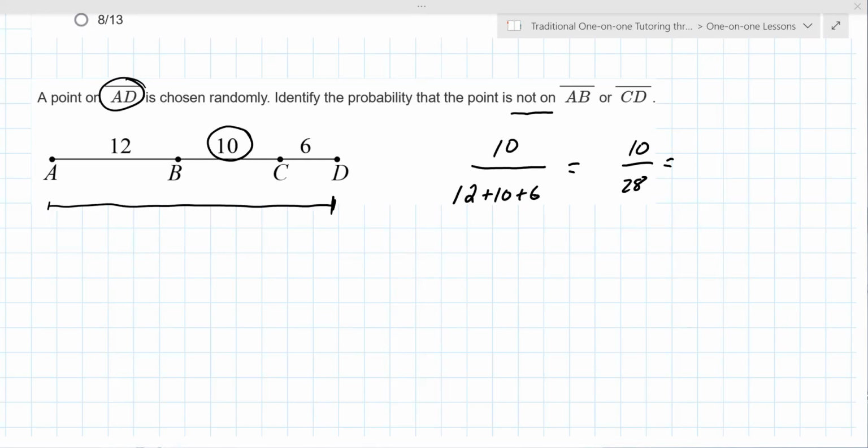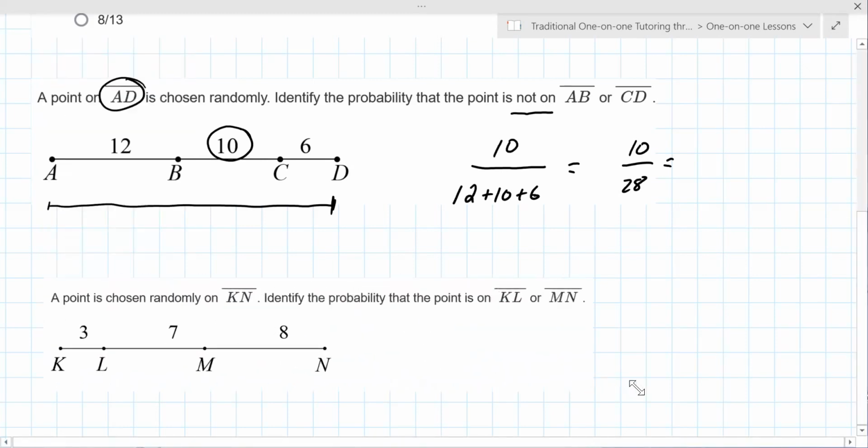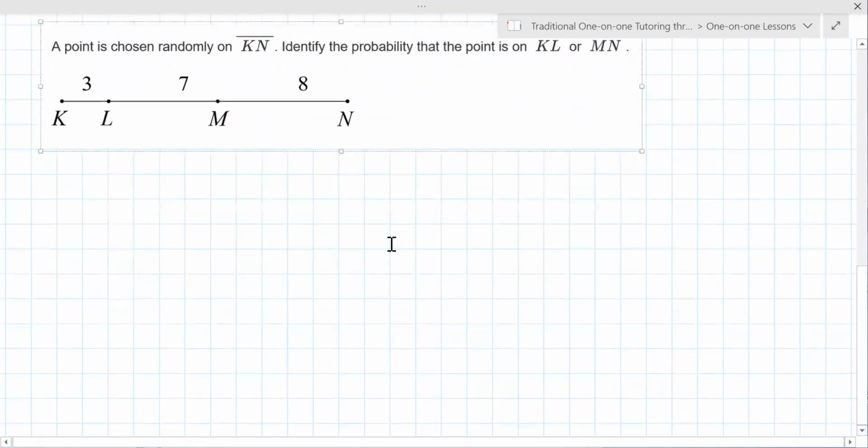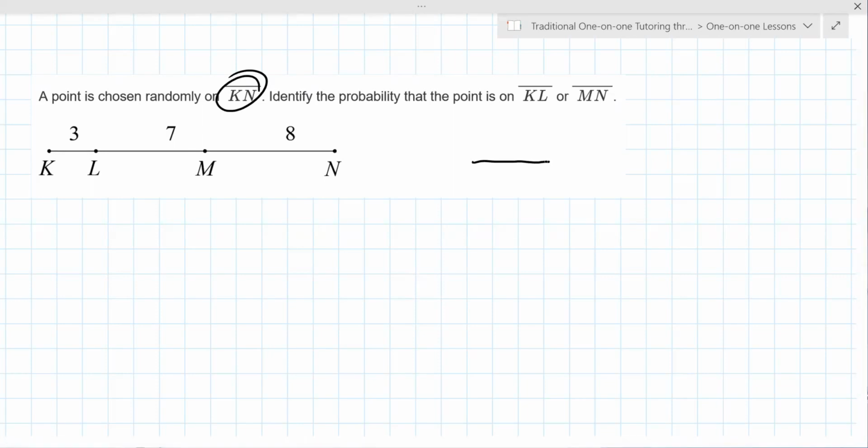Okay, so try to work this one all the way through. Remember, if it says K to N, KN, that means it's the whole way across. KN is all the way across. 7/18.